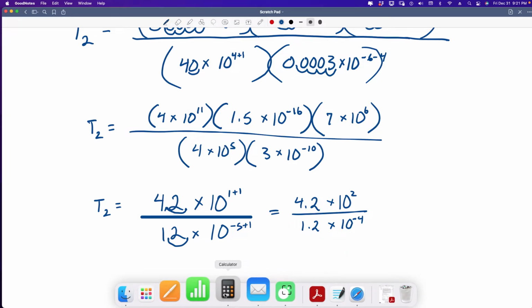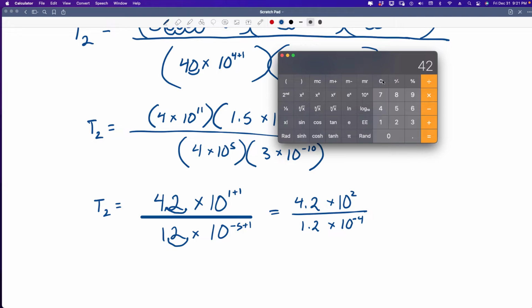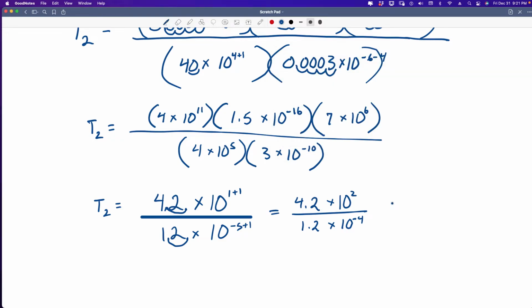Okay. Now all we have to do is divide. And we divide our whole numbers. We always do the whole numbers first. So 4.2 divided by 1.2 equals 3.5. So equals 3.5 times 10. And we know when we move this up to the top, that becomes plus 4.